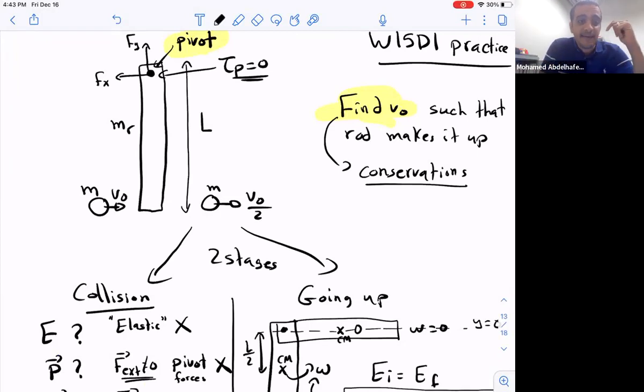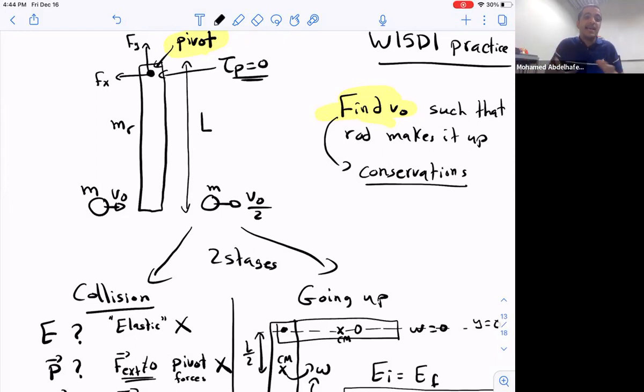For example, let's say this question was the same, but instead of starting immediately with the collision, this ball started from a slope and it went down the slope and then it hit the rod. That would have been a stage before that you had to do. But it just happened in this problem that the first interesting event is the collision. So we just had the collision, then the interesting event of going up. That's another interesting stage. But generally speaking, you can still have 3 stages.